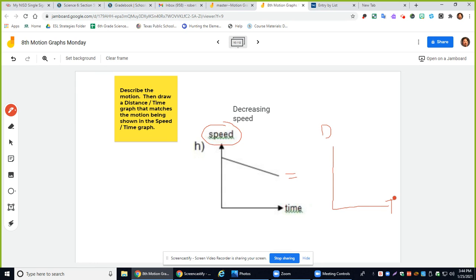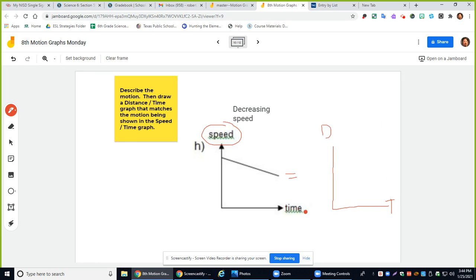So what would a distance time graph look like? All right, thank you. Come on, people out there. It's all about practice. All right, very good. Thank you.